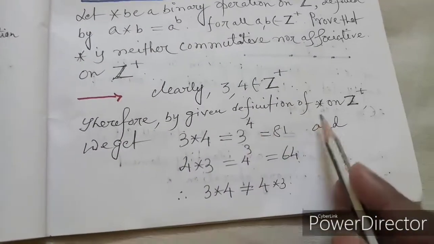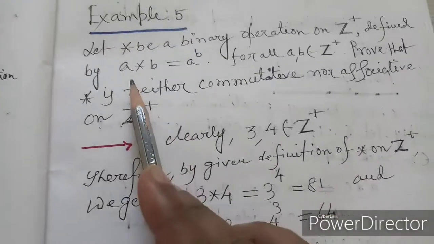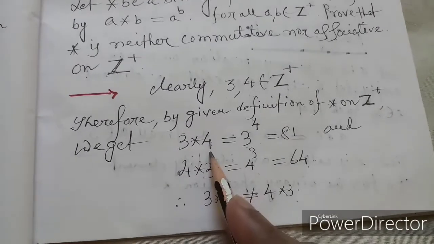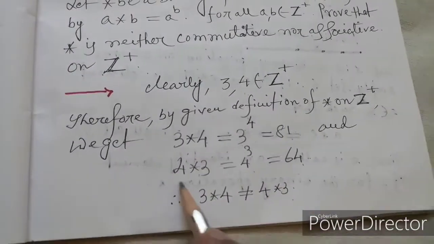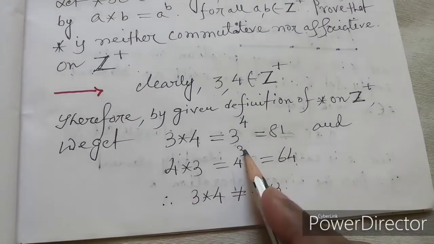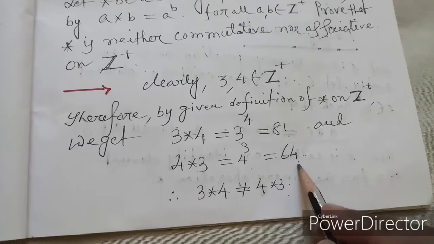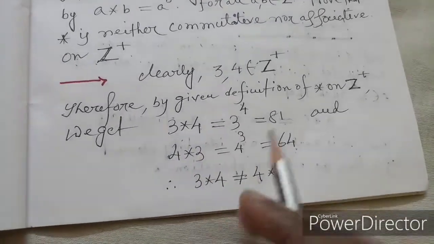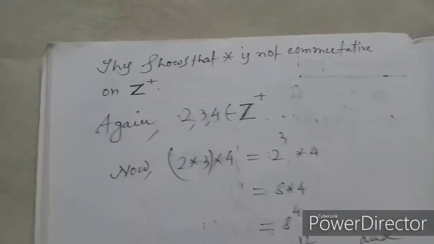Therefore by the given definition of star on Z plus, a star b equals a to the power b, so 3 star 4 equals 3 to the power 4, that is 81, and 4 star 3 equals 4 to the power 3, that is 64. So 81 is not equal to 64, so 3 star 4 is not equal to 4 star 3, and this shows that star is not commutative on Z plus.